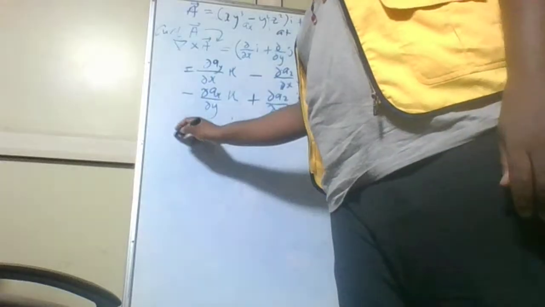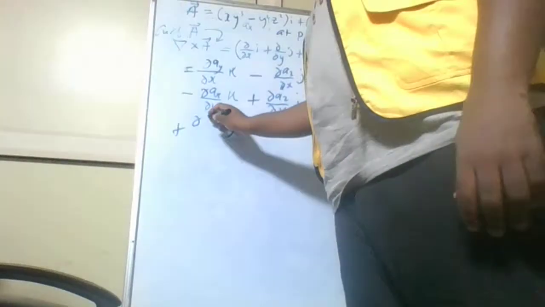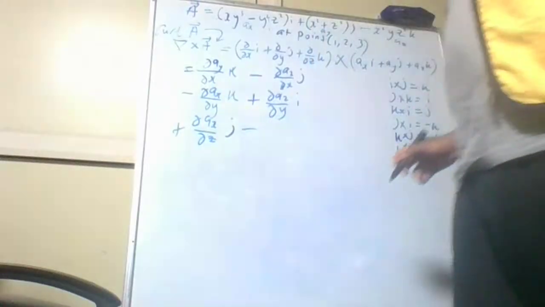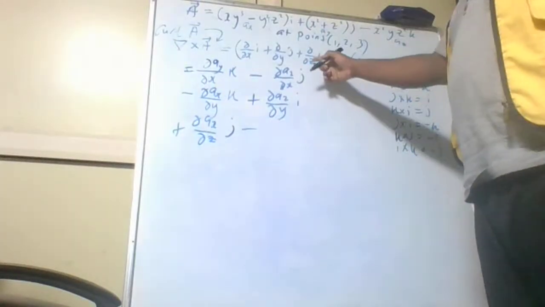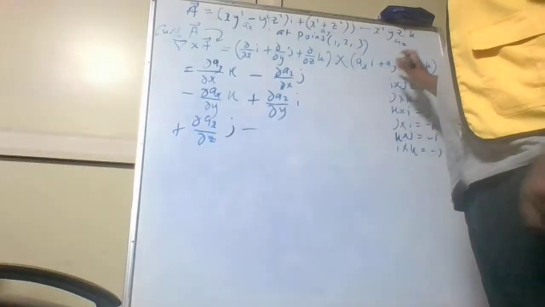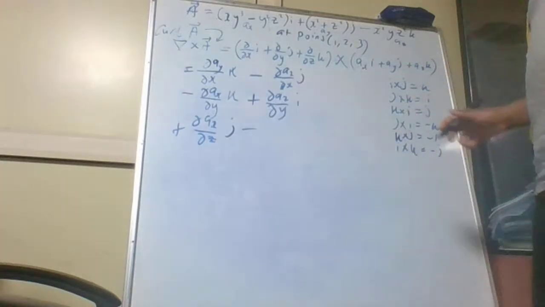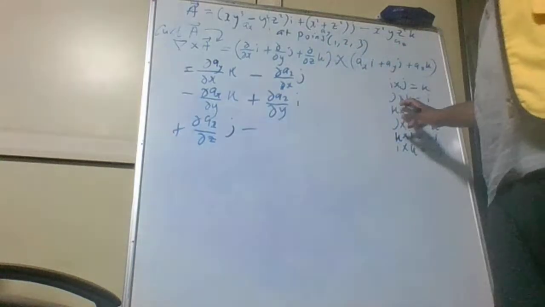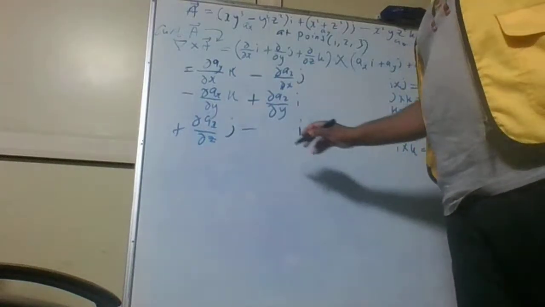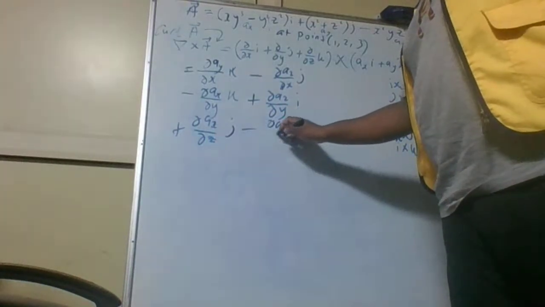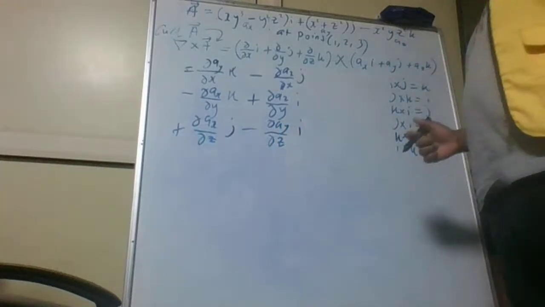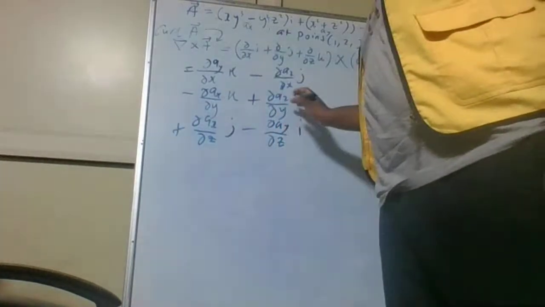You have plus partial ax over partial z, minus partial z of k cross ay j, which will be k cross j. k cross j is negative i. So that will be negative i partial ay over partial z.